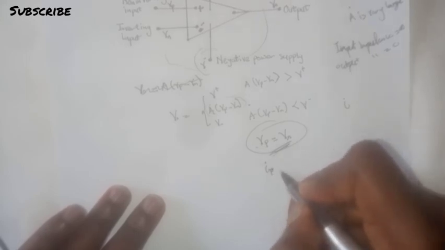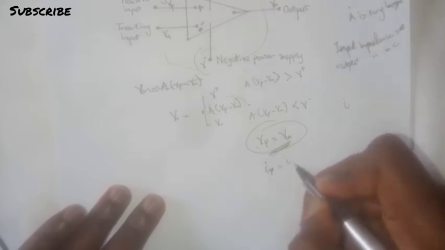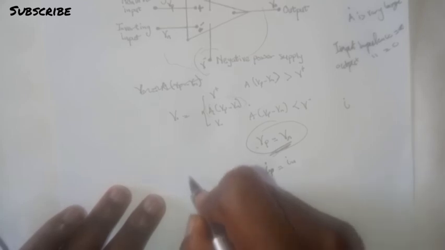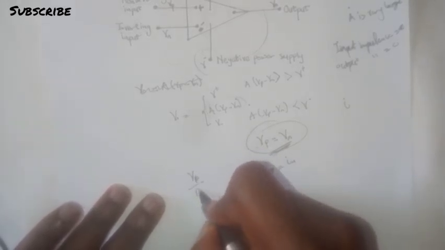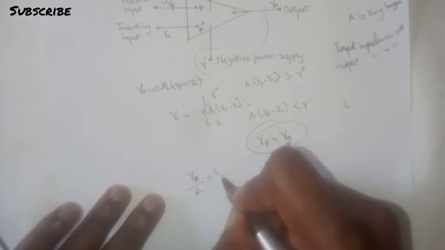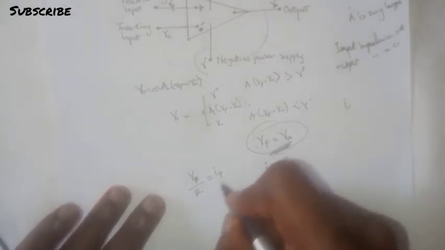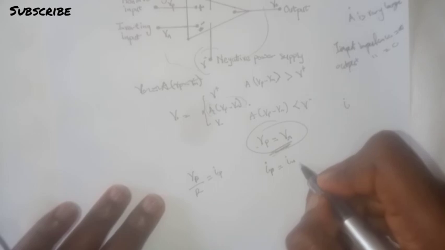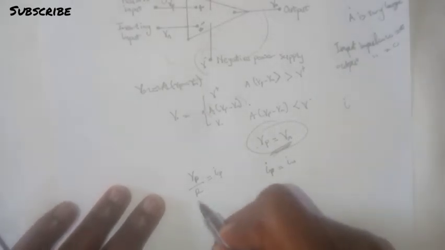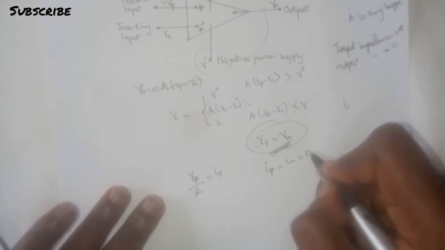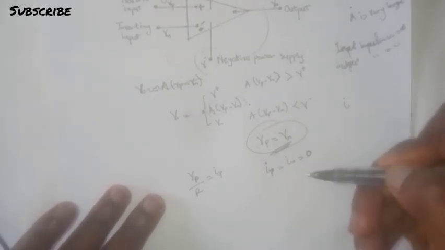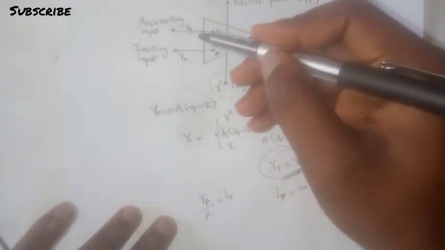That means that Ip will be equal to In, since Vp over R is equal to Ip, and the same goes for In. And since the input impedance is infinite, that will be equal to 0. So the input current at the non-inverting input is 0.